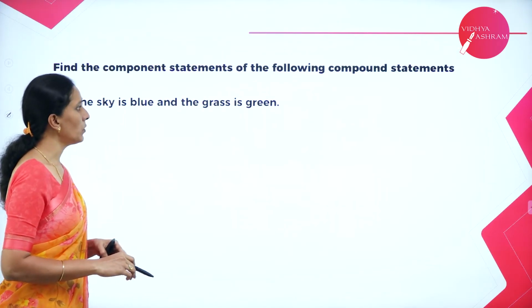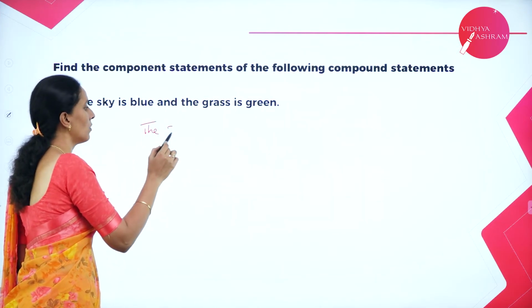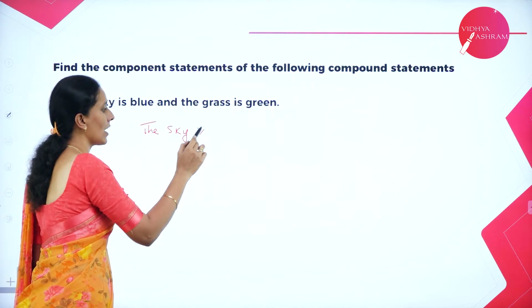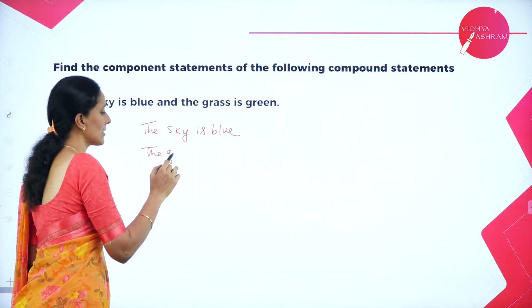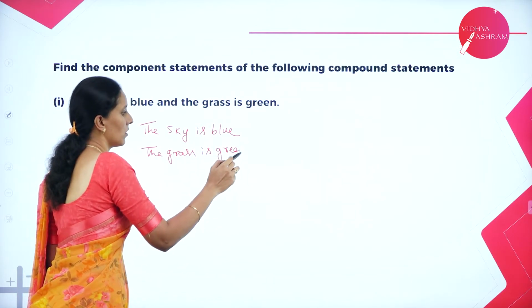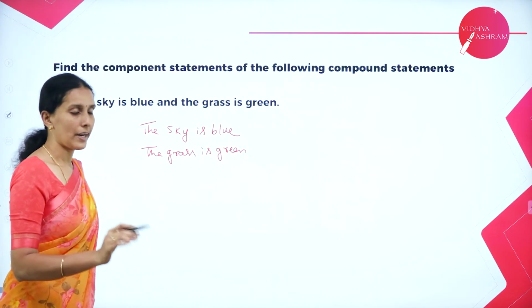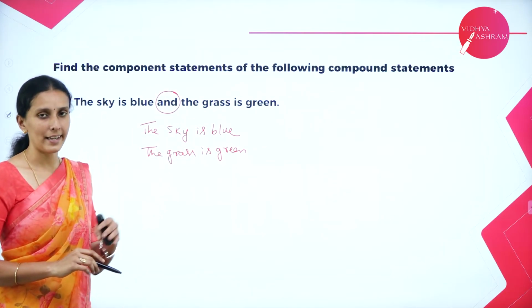The sky is blue and the grass is green. So what are the two statements we have here? One statement is the sky is blue. Next, the grass is green. These are two separate statements, but they are combined with the word "and" to make a single statement.